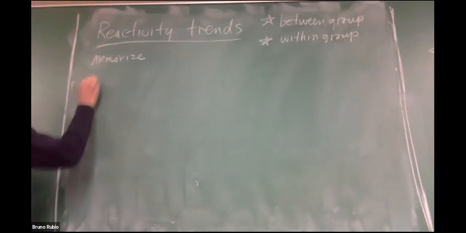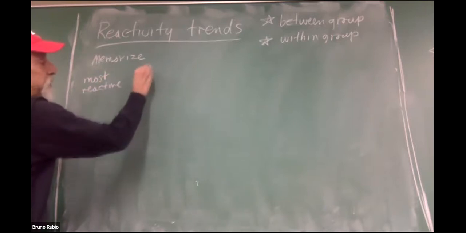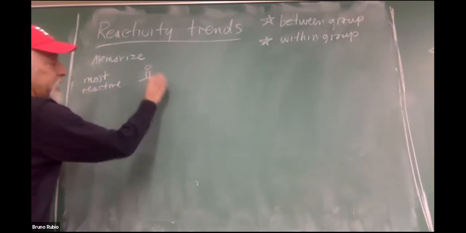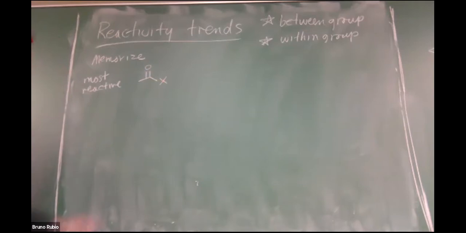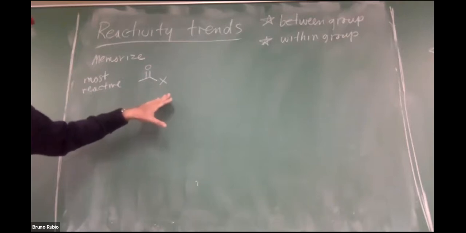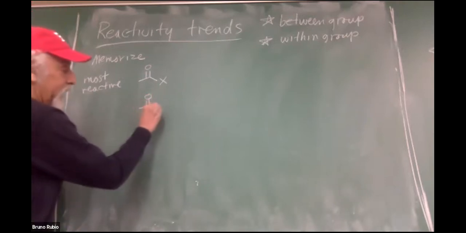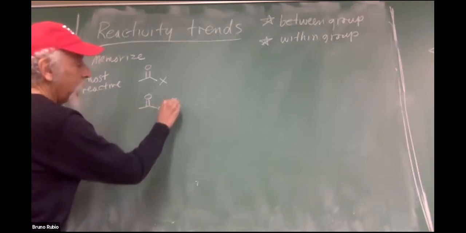The most reactive acyl derivatives are the acyl halides. The X is just our generic symbol for fluorine, chlorine, bromine, iodine, and so on. Those are the most reactive acyl derivatives. And then the next most reactive are the anhydrides.